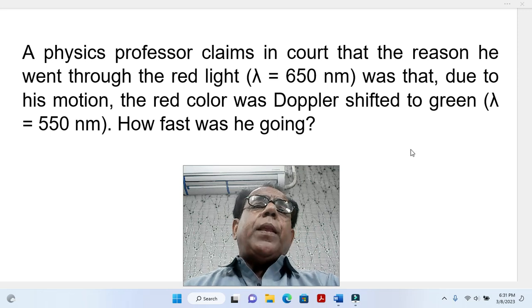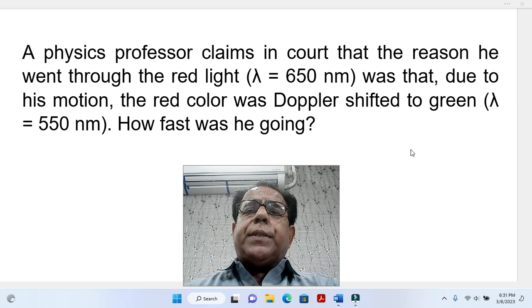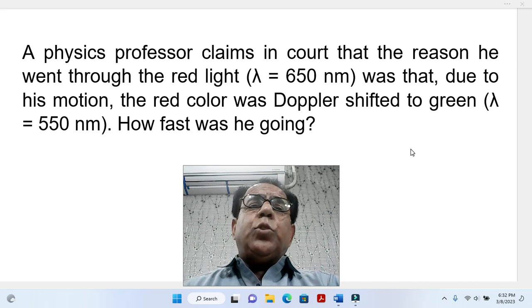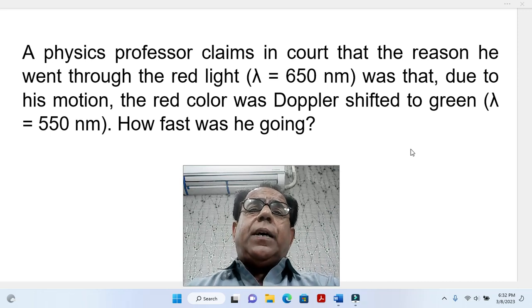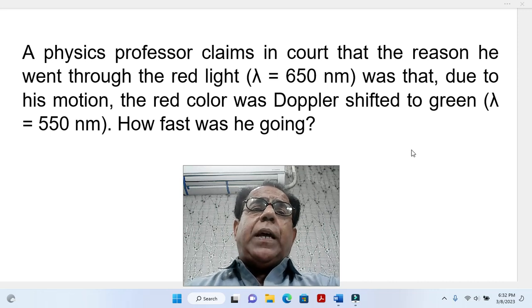A physics professor claims in court that the reason he went through the red light, whose wavelength lambda is equal to 650 nanometer, was that due to his motion the red color was Doppler shifted to green, whose wavelength lambda is equal to 550 nanometer.